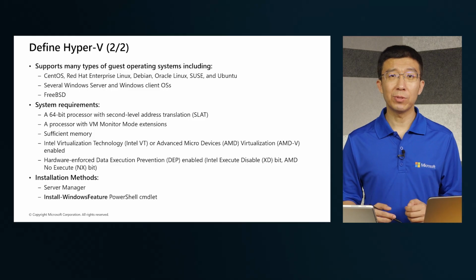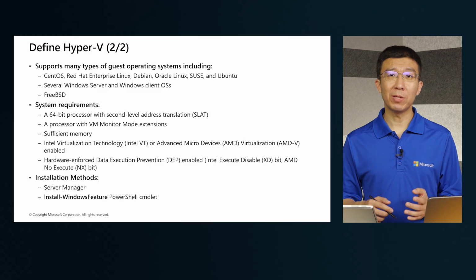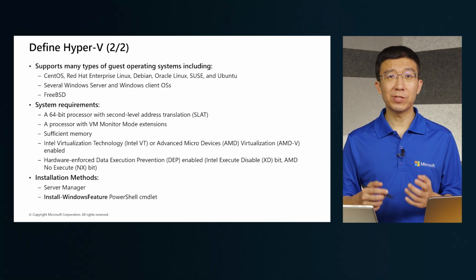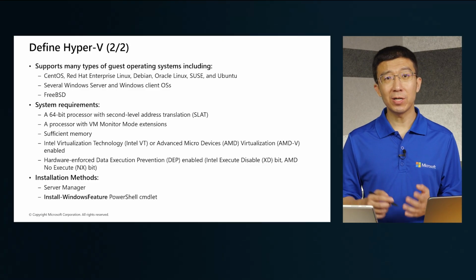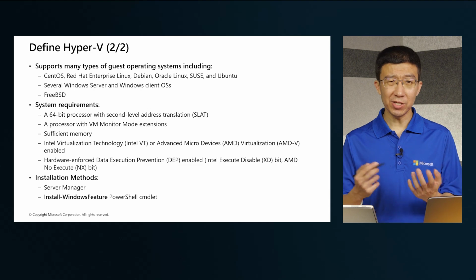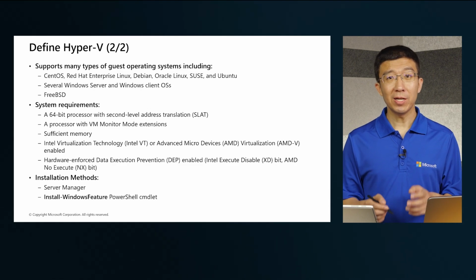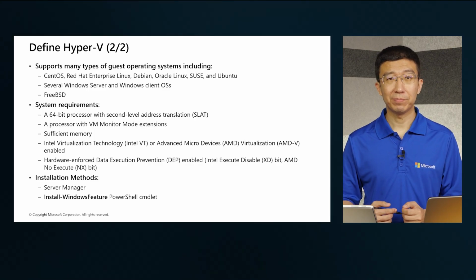It's important to allocate enough memory to handle anticipated workloads, and the virtualization technology must be enabled in your BIOS, either Intel VT or AMD-V. Additionally, make sure that hardware-enforced data execution prevention (DEP) is active.